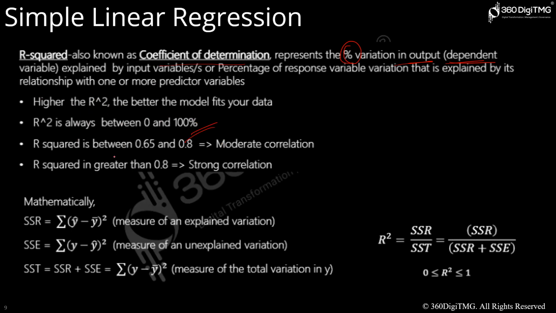R squared is between 0.65 and 0.8 when we have moderate correlation. And we have R squared greater than 0.8 when we have very strong correlations.